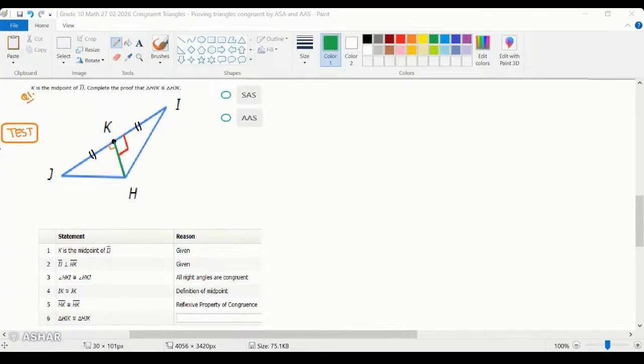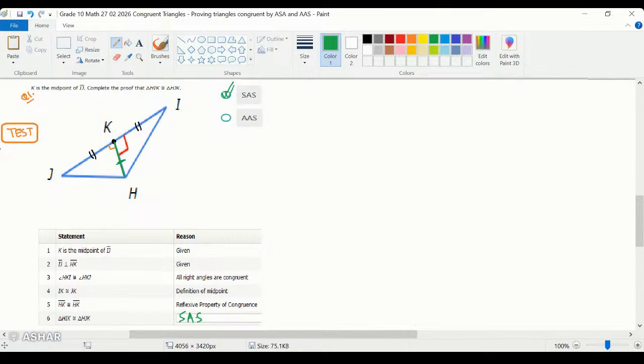Can we say we have another ratio of the sides? Because KH is a common side, right? And whenever we have a common side, we have what? We have side, angle, side. Agreed? Because two sides were given and one angle was given. So we can say, we can use side, angle, side. And we select side, angle, side. We get the answer, right?